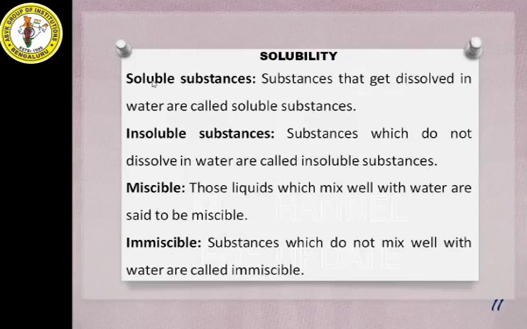For example, for soluble substances we can take salt, sugar. When you pour salt into water and stir it well, then you cannot see salt in the water. But still the salt is present in water, you cannot see it. So these substances are called soluble substances.